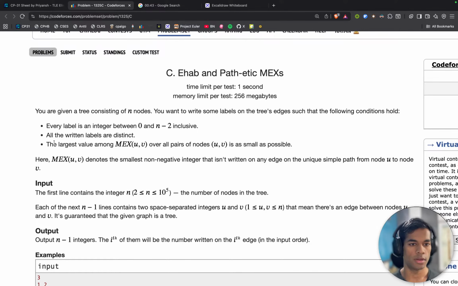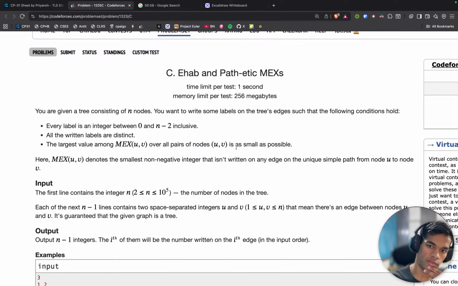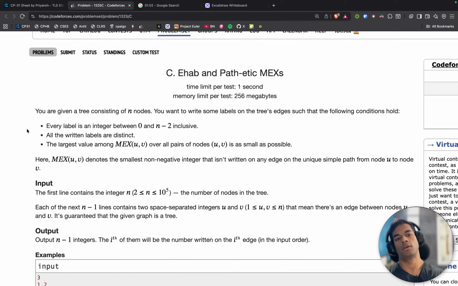The largest value among mex(u, v) over all the pairs of nodes u, v is as small as possible.